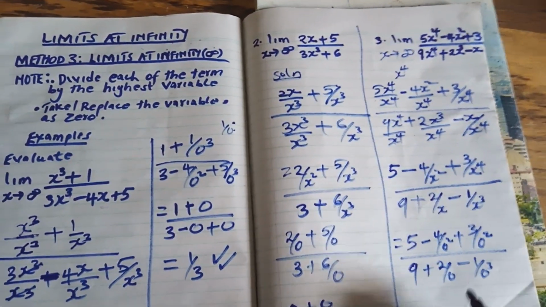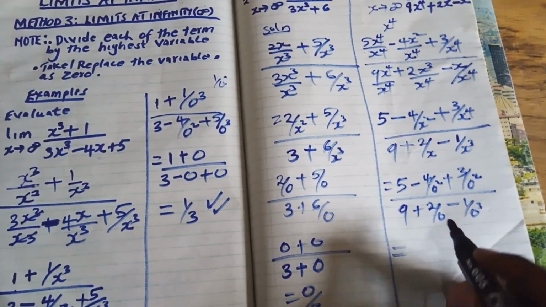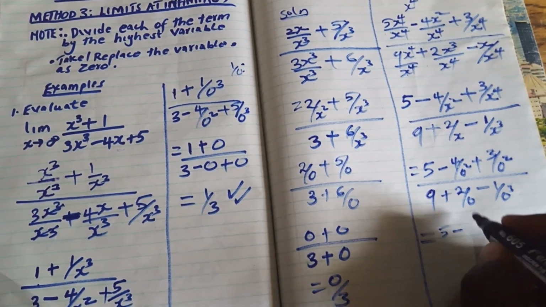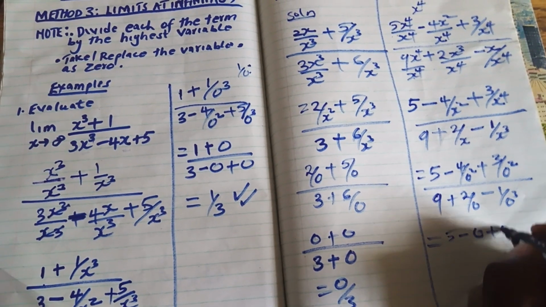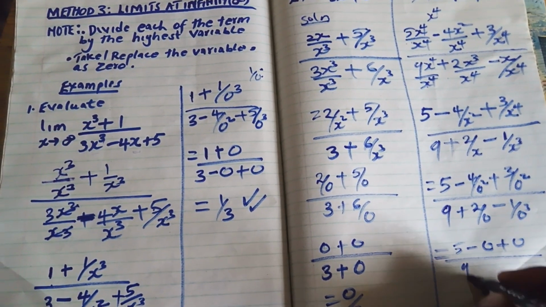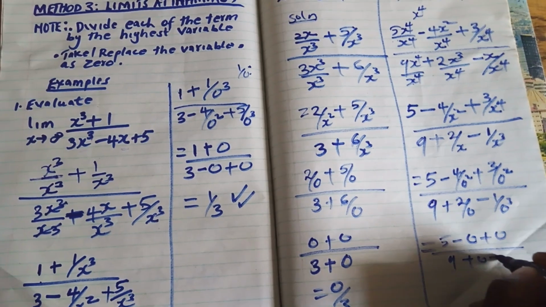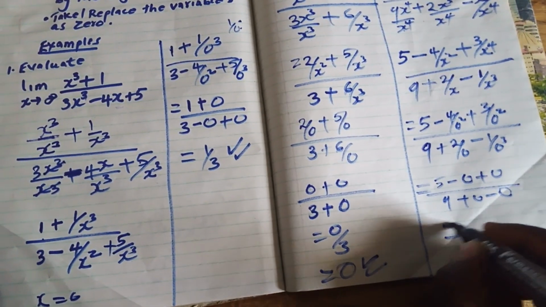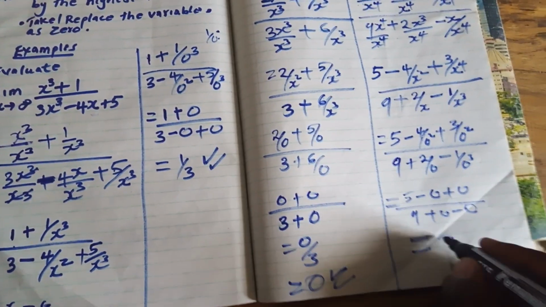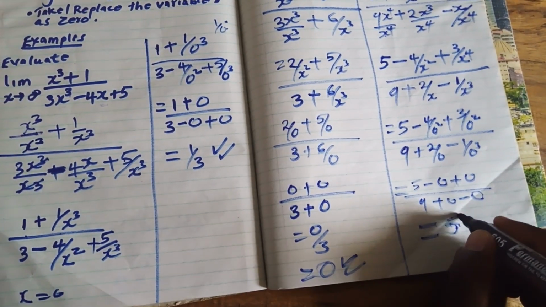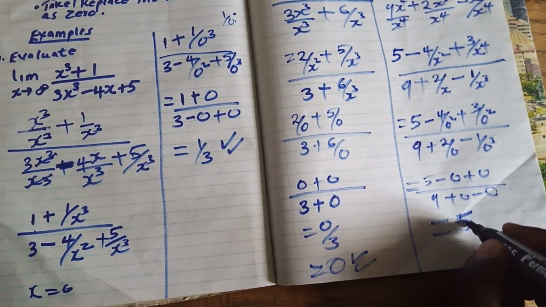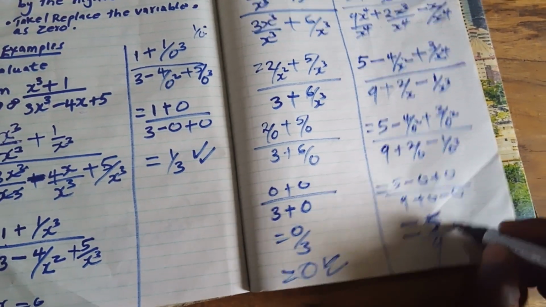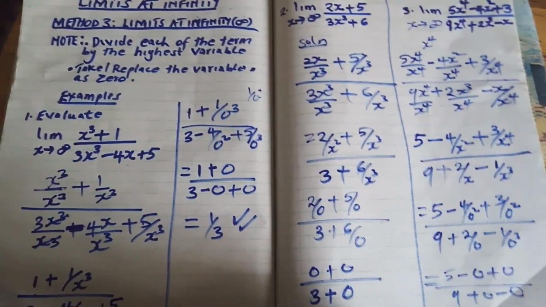So our last answer will become 5 minus 0 plus 0 over 9 plus 0 minus 0. So our last answer will be 5 divided by 9. 5 out of 9. That's our last answer.